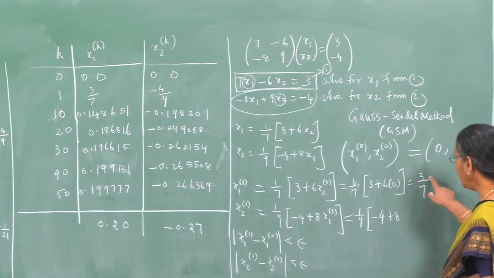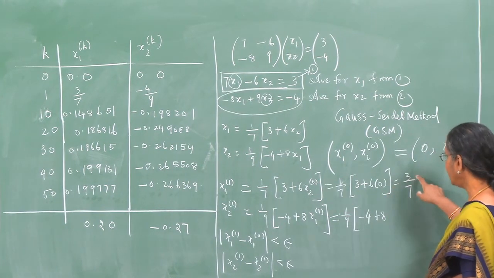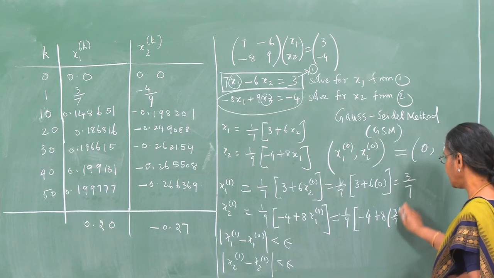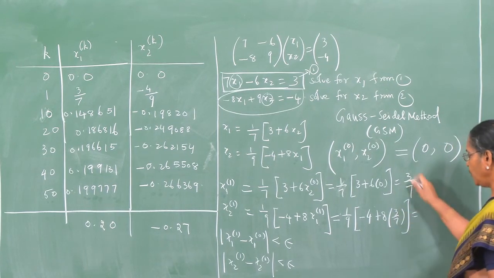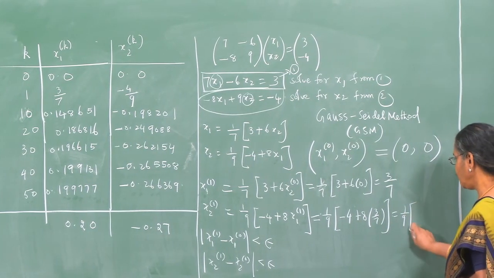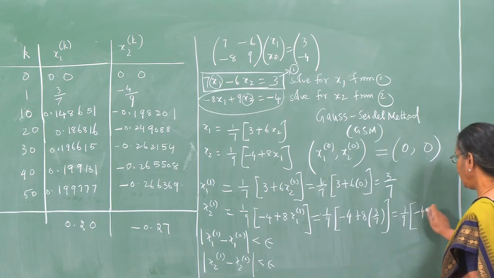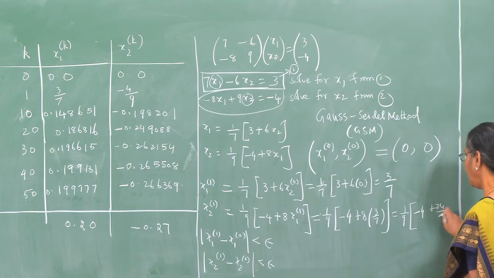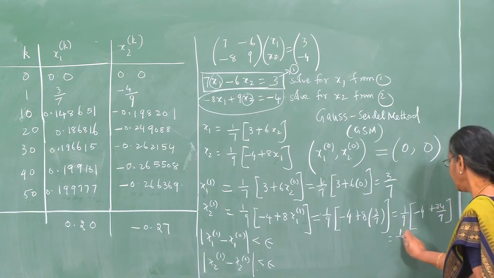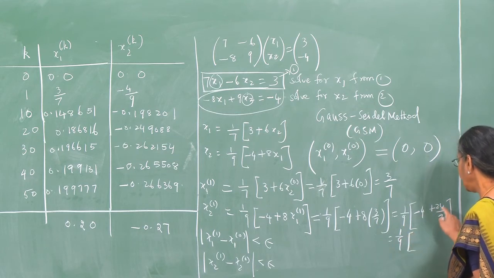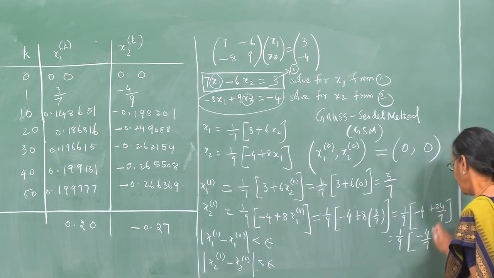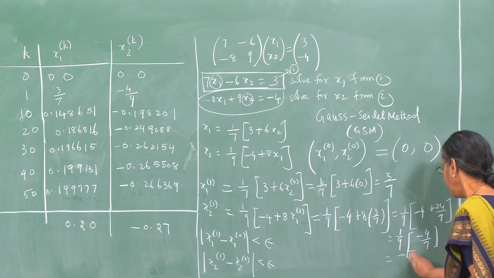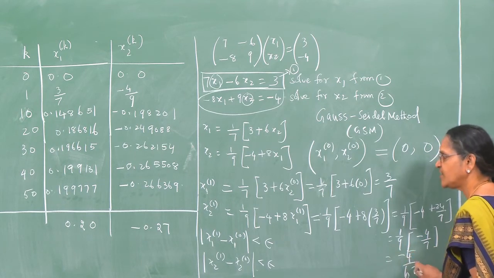Namely, I already know x1 at this step, which is 3 by 7. So, I make use of this and write down the solution as 1 by 9 into minus 4 plus 24 by 7. So, it is 1 by 9 into minus 28 plus 24 by 7. So, it is minus 4 by 63.